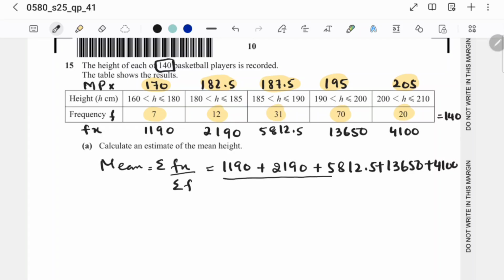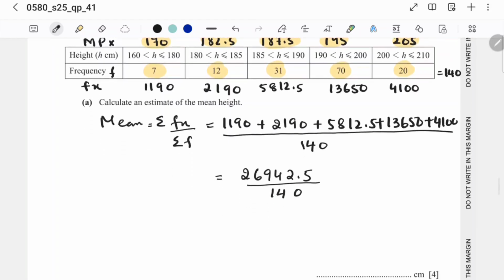Alright, divided by 140. You will be getting 26,942.5 divided by 140, and then you will be getting the answer, which is 192.